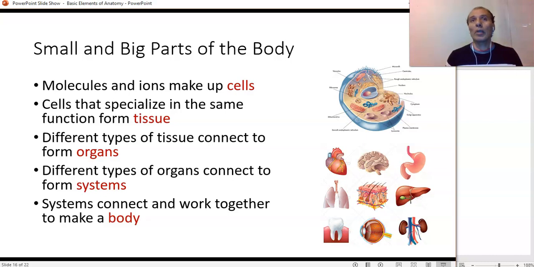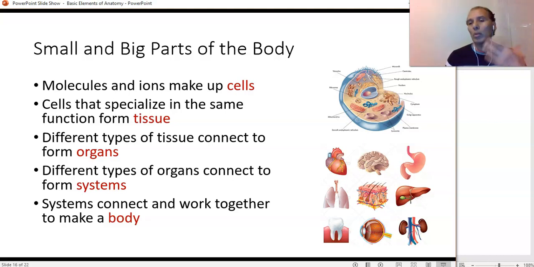The nervous system consists of the brain, spinal cord, and all the nerves and nerve extensions that come out of them. That is a system. So the brain is an organ. The spinal cord is an organ. The nerves are organs, and they combine together to make a whole system. You can think about the articulatory system, the vocal tract, for example, the nasal cavities, and then the mouth, oral cavities, the tongue.